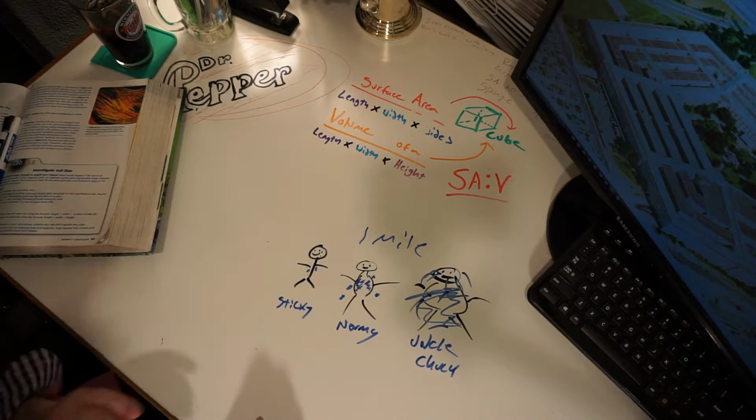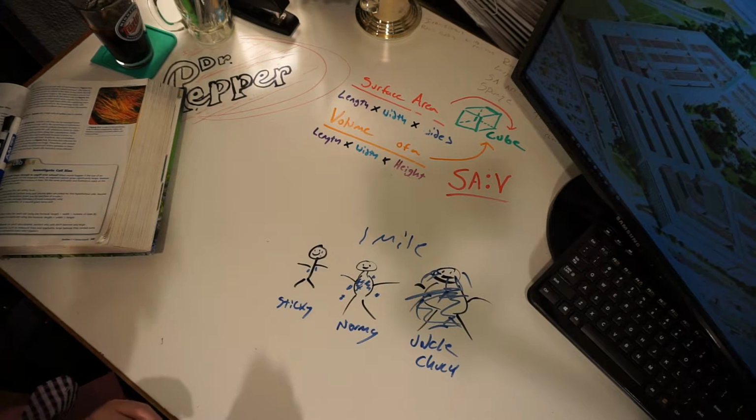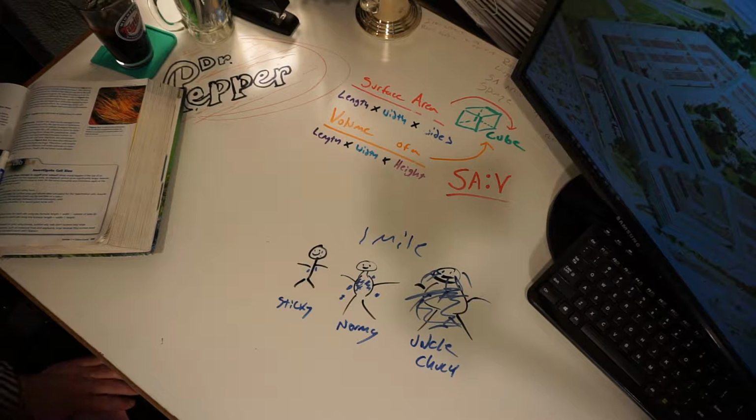Because he has more cells, which means more work. As a cell gets bigger, both the surface area and the volume will generally go up. However, the best thing for a cell is to have a higher surface area to volume ratio. The more surface area and the more volume you have, the easier it is to get things done.